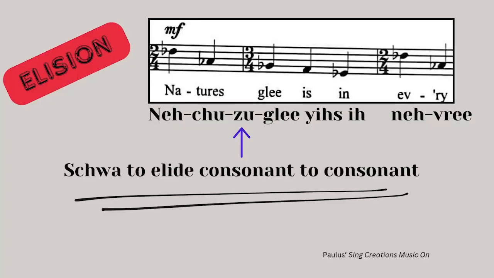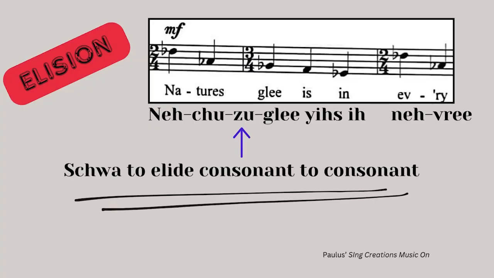If you go back to the beginning of this phrase, "nature's a glee," you'll see that in order to get a legato sound rather than "nature's glee," which would do what I call marring the legato, closing off the air, we're going to add in a schwa.